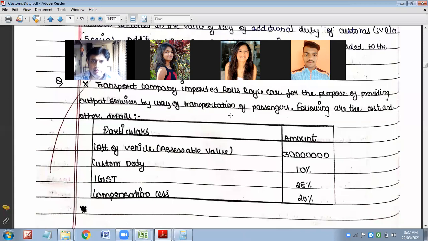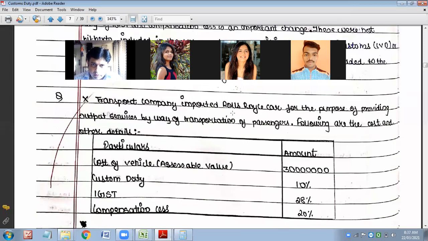Let us go to the next question. X transport company imported a Rolls Royce car for the purpose of providing output service by way of transportation of passengers. Following are the cost details.